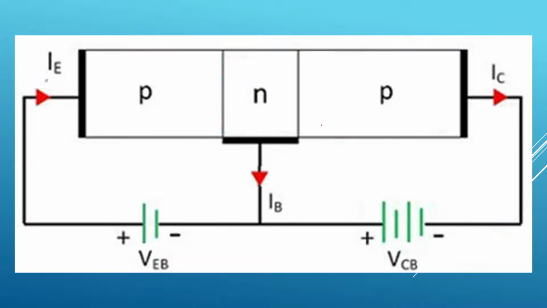In this PNP bipolar junction transistor, if we observe the terminal currents, emitter current, base current, and collector current in this circuit, the emitter current is entering, the base current is leaving, and the collector current is leaving. Isn't it?